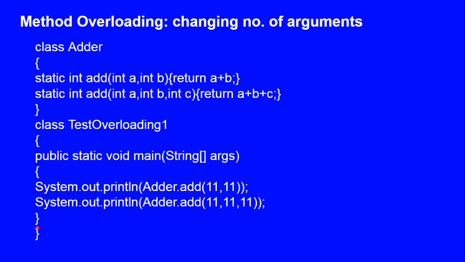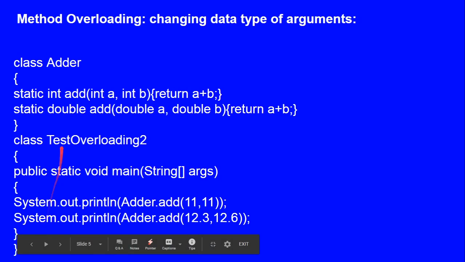Now let us see the next example, how the method can be overloaded by changing the data type of the arguments. The same class adder is used; the only difference here is we have changed the type of the argument. Here are two functions with the same name add. Here we can see int a, int b, and the process is to add a and b.